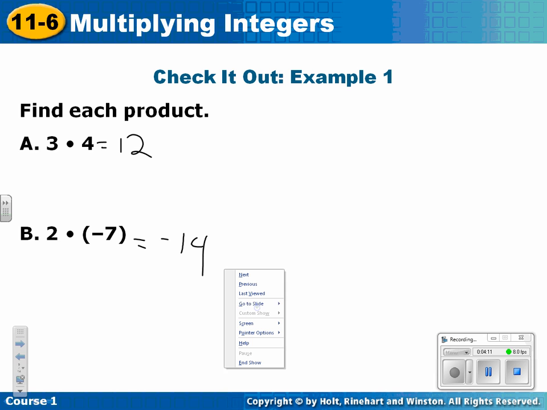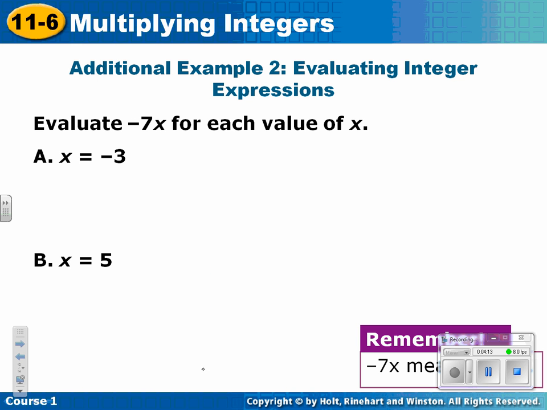You are also going to have problems that look like this. It says evaluate negative 7x for each value of x. So, what does that mean, negative 7x?